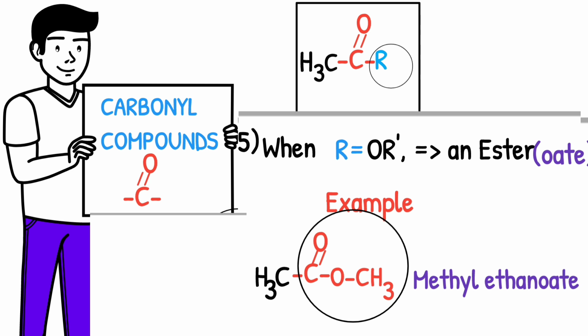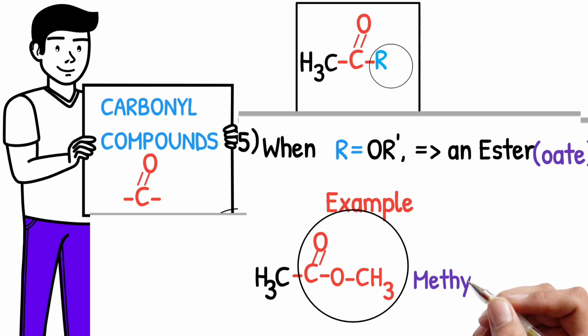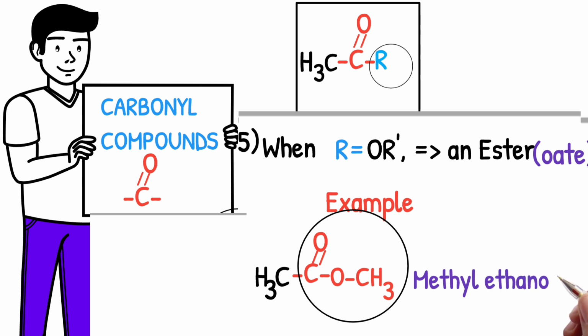And since it is not an alkane but an ester, and the name ends with oate, we are going to have ethanoate. So in combining the 2 names, we are going to have methyl ethanoate, and that is the name of this ester. Remember that you first of all name the group that is attached to the oxygen atom before naming the carboxylic acid part.